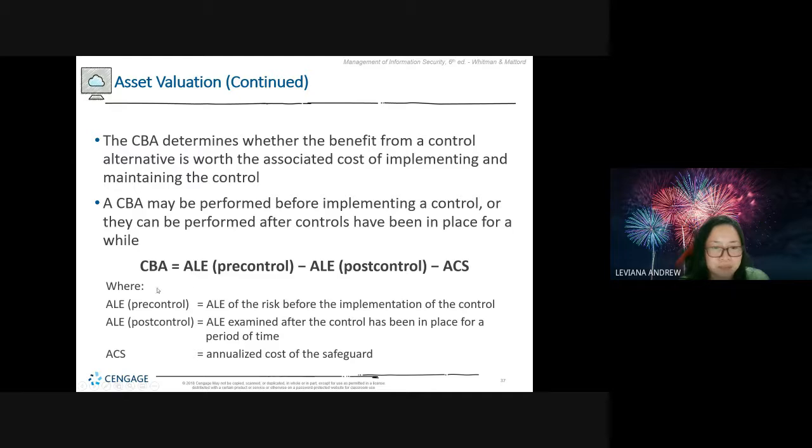So CBA is the annualized loss expectancy before all the control methods undertaken, minus the annualized loss expectancy after all these controls, minus the annualized cost of the safeguard.